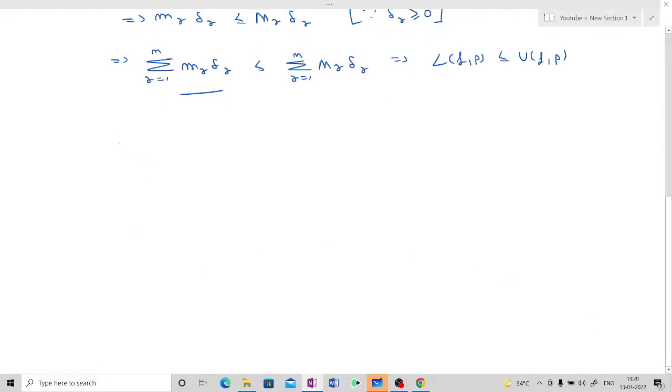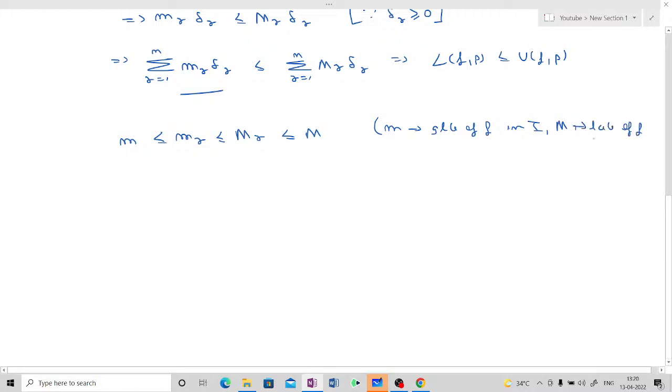Because we had also discussed this in the previous lecture, that m is less than or equal to m_r, which is further less than or equal to capital M_r, which is further less than or equal to capital M, where m is the GLB of f in I, in the complete interval, and capital M is the LUB of f in I. Clear? Got it?